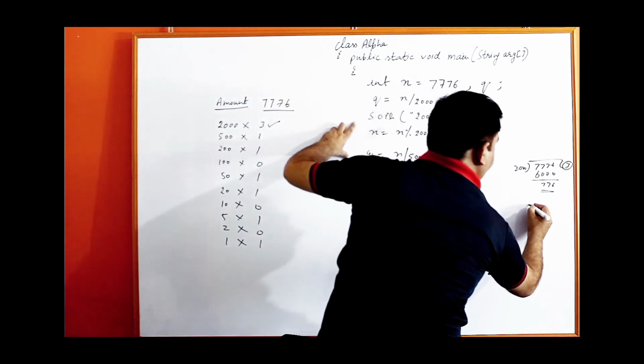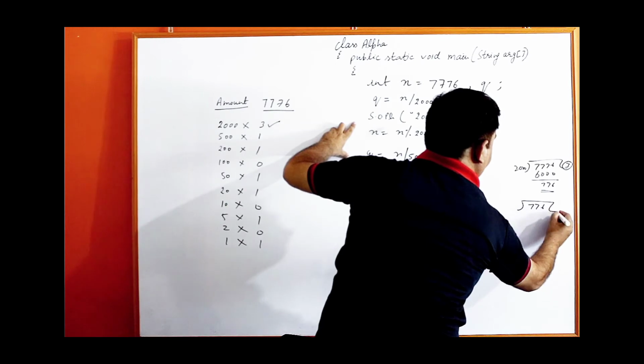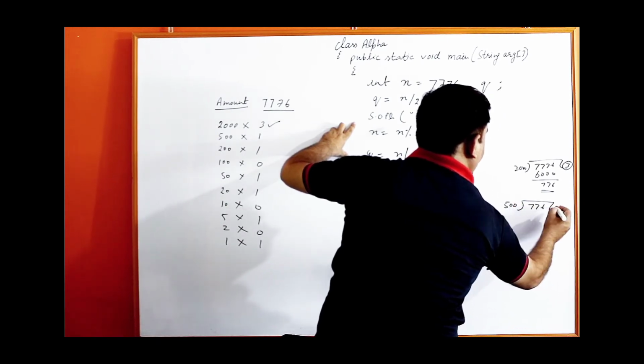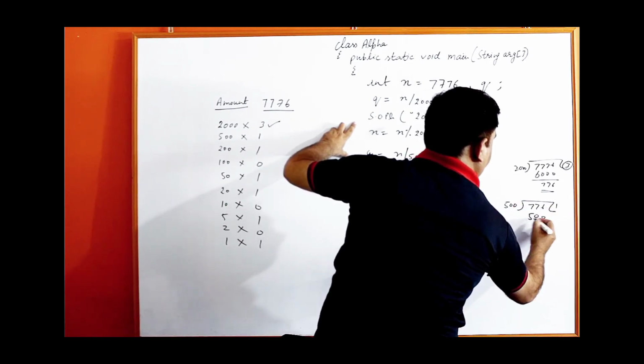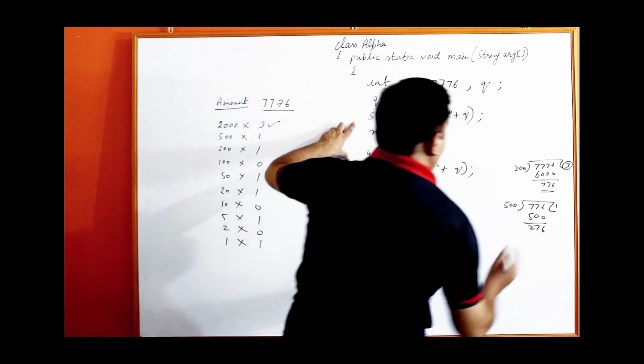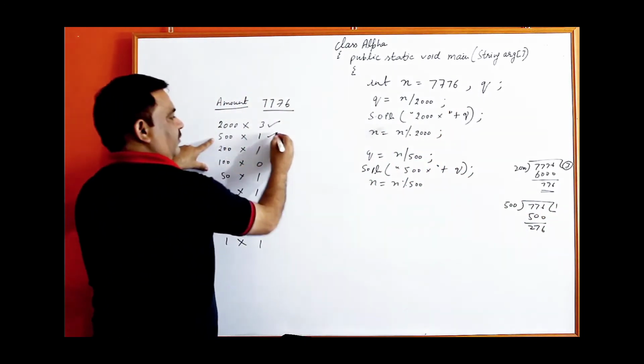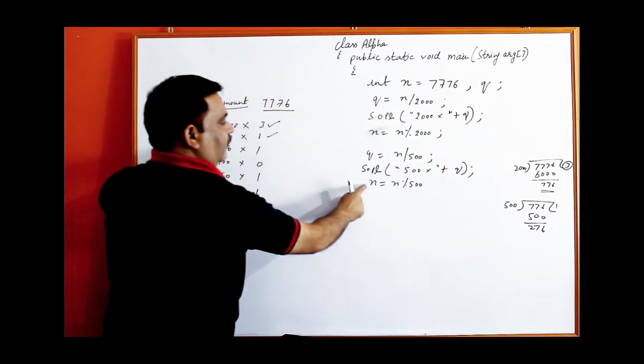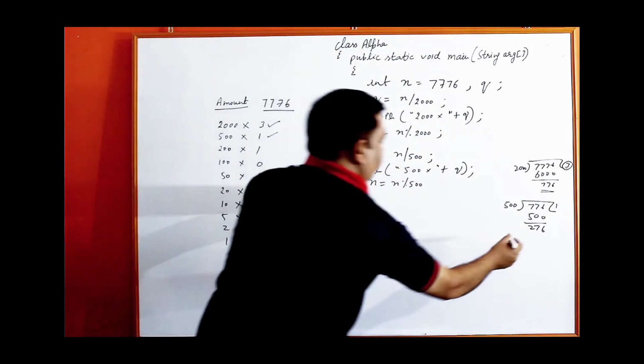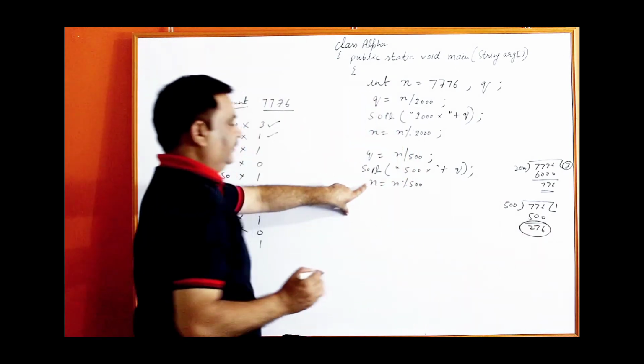So when you divide 776 by 500, 1 is here the quotient part, that is, 500 rupees note is 1, and now the next value of n is 276, that is the remainder.